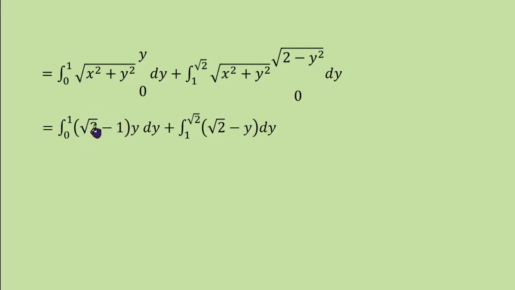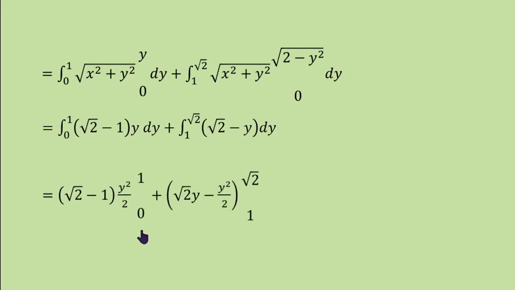Now this is a constant, and the constant into the integral of y is y square by 2. Therefore it is root 2 minus 1 into y square by 2, with limits from 0 to 1. And in the second case, the integral of root 2 is root 2 y, and the integral of y is y square by 2 with a minus sign, with limits from 1 to root 2. Carefully apply the limits. The upper limit is 1 and the lower limit is 0 for y. Therefore it is root 2 minus 1 into 1 by 2.